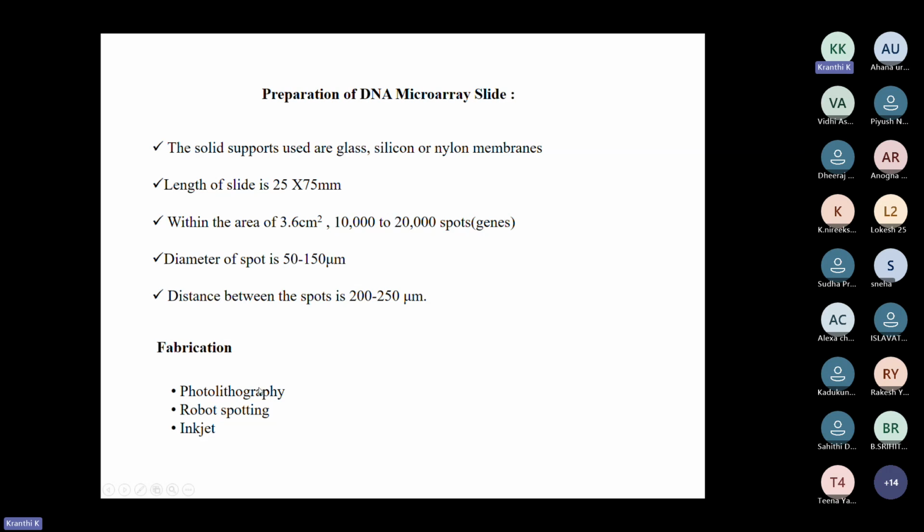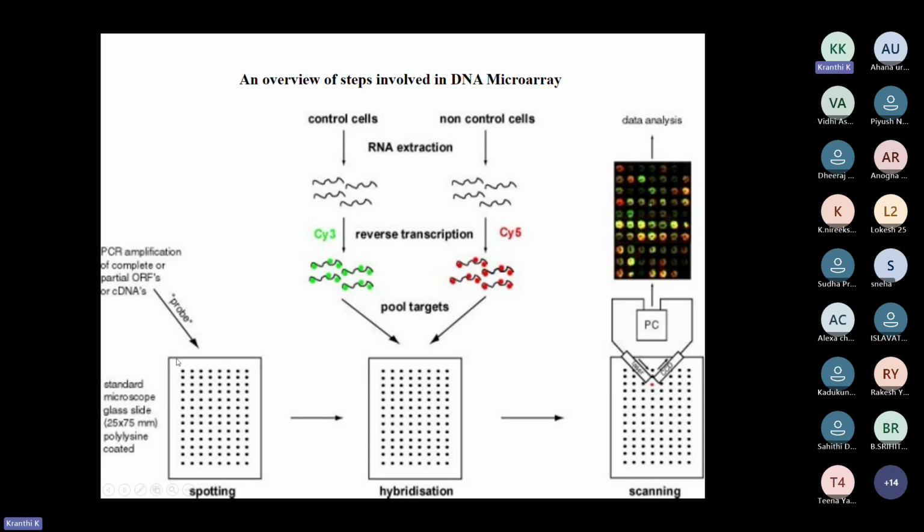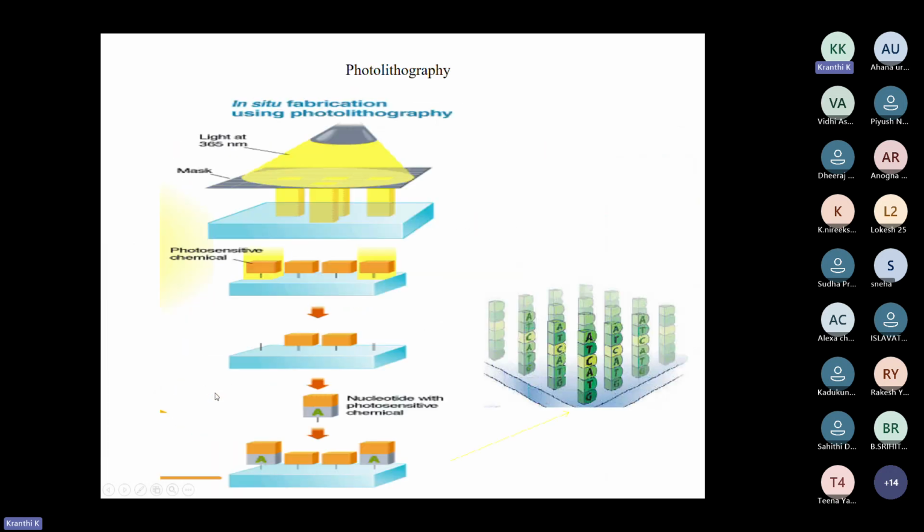Then how to add the DNA fragments here? We have different techniques. One is photolithography. Let us assume this is a plate, and in the plate, this is a DNA sequence. So you are adding the known DNA sequences like this.